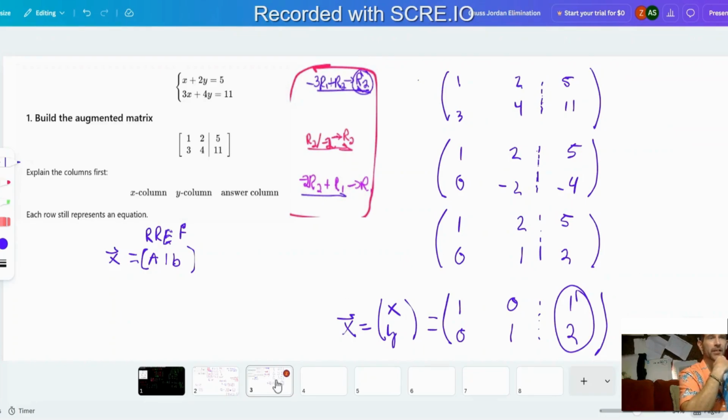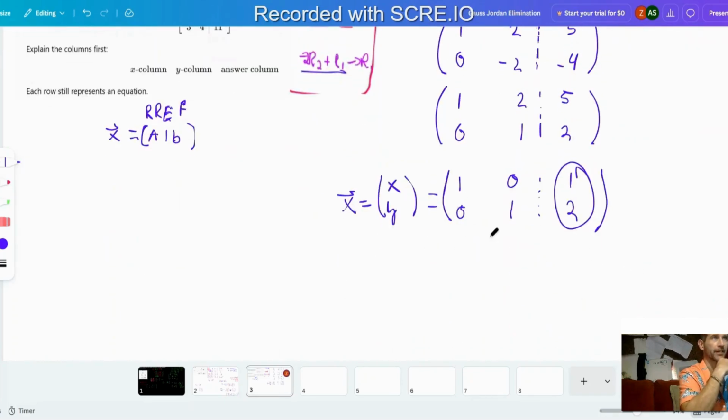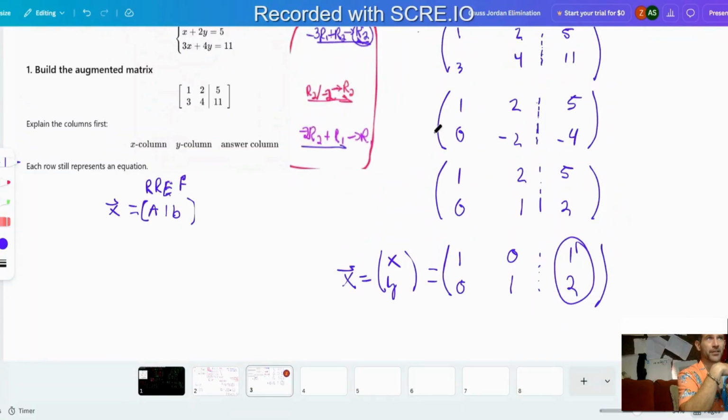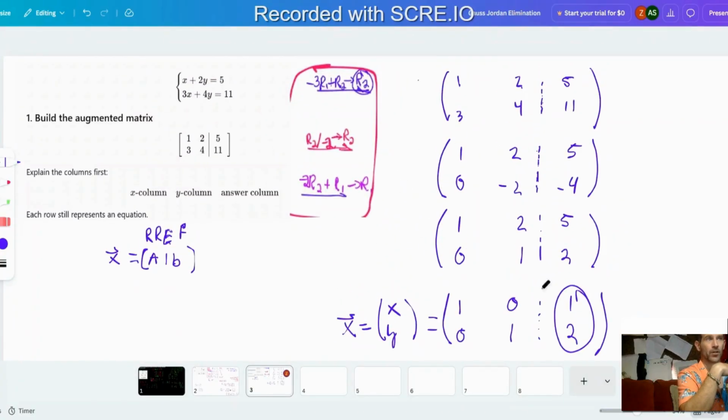Anyway, that's it for this, and I'll do a video on how to do it in Mathematica, or Wolfram Cloud, however you want to say it, to help this along. Hopefully that helps, and that's just using Gauss Jordan elimination and showing why it works in your operations.